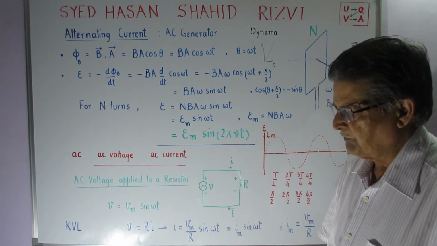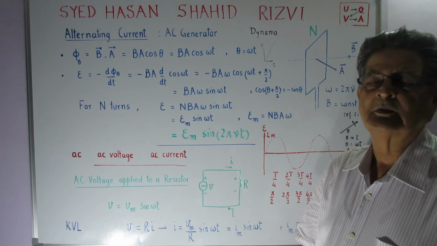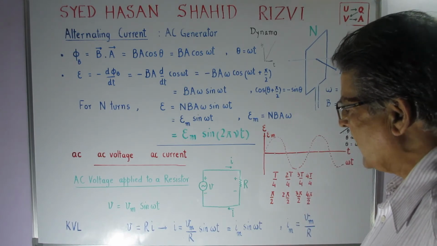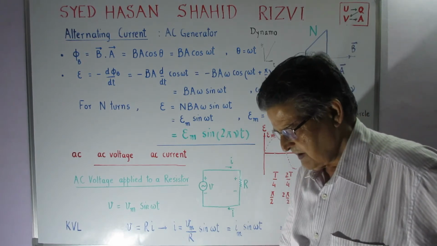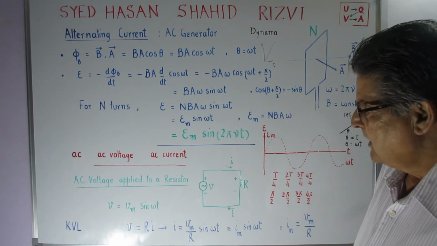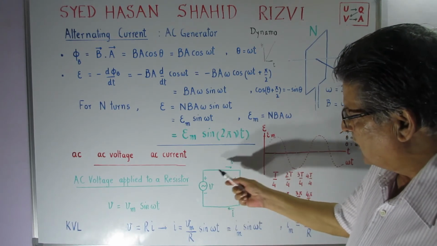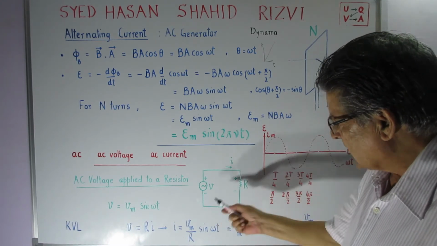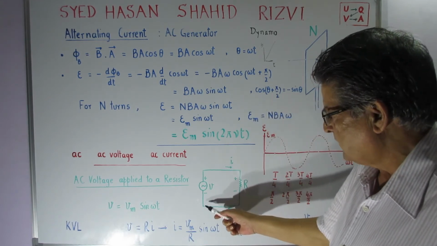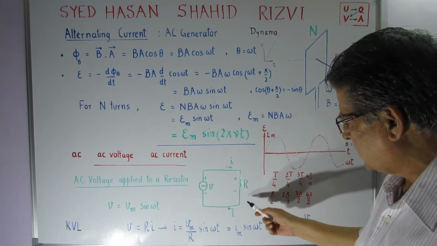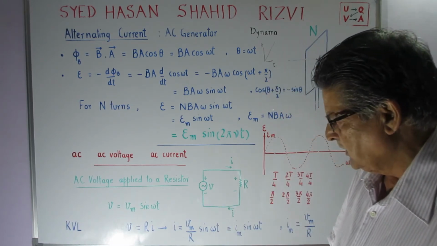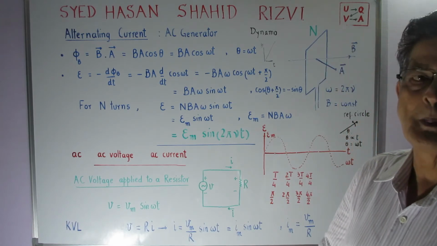And then there is our friend Kirchhoff and Kirchhoff's voltage law. That says that in any loop, the net fall of voltage or the net rise of voltage as you go from one point round the circuit back to the same point will be equal to 0.